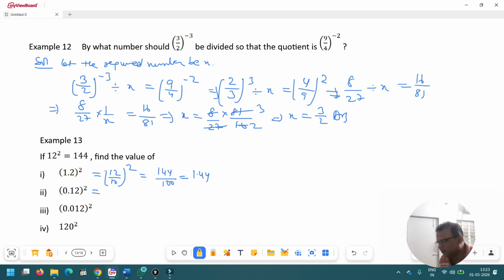Next, 12 by 100 squared equals 144 by 10000, equal to 0.0144. That is the answer.